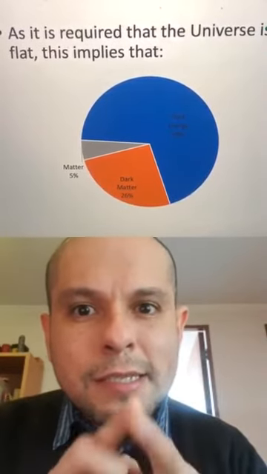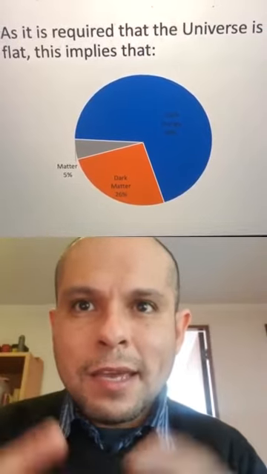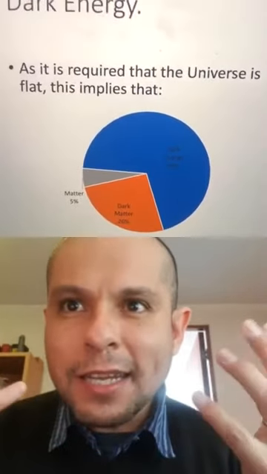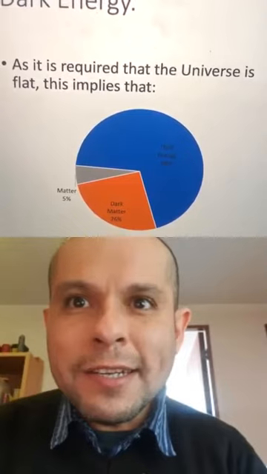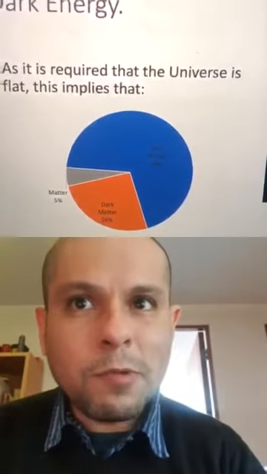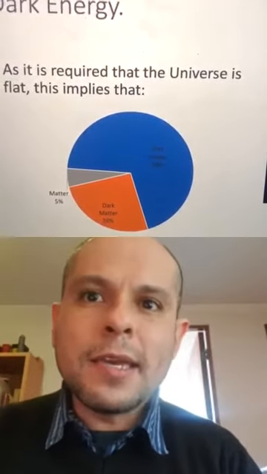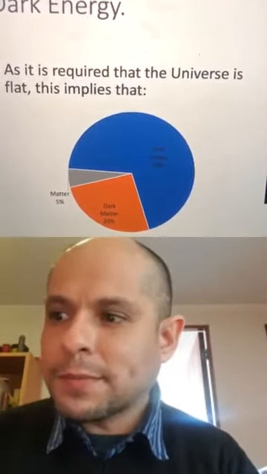This is what is called dark energy. So basically, the universe is 69% filled with an energy that we don't know what it is. That's why we call it dark. And it is making the universe expand.